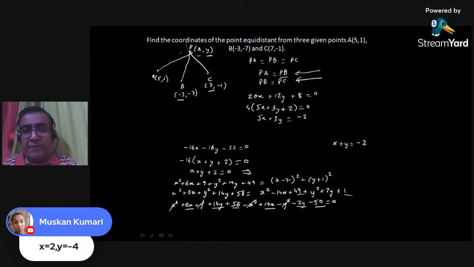We'll be left with 5x plus 3y plus 2 is equal to 0. Then 2 goes to the other side, so we've got the second equation as 5x plus 3y is equal to minus 2. I think I'm going wrong somewhere. Okay, the first equation that we did was minus 16 x plus y. Okay, that looks to be okay.